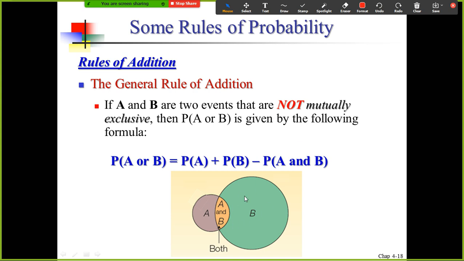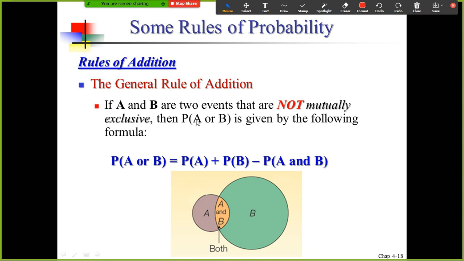So when we're talking about the Venn diagram, this area is the probability of A, and this area is the probability of B. A and B have some overlap area, or common area. They have the same area, so this is where both happen. This area means both A and B happen at the same time.